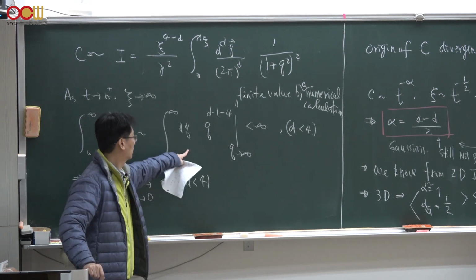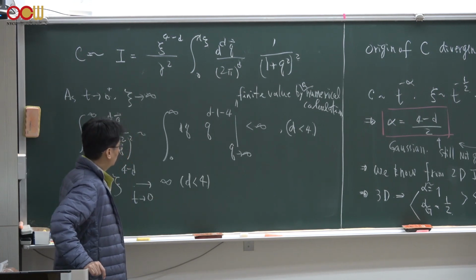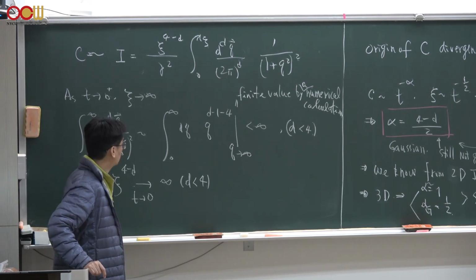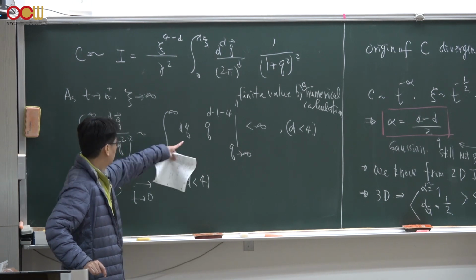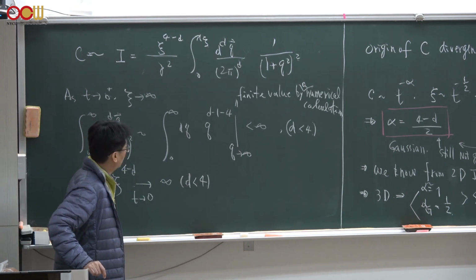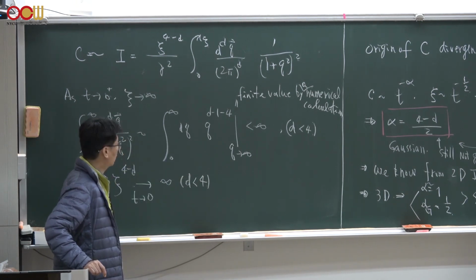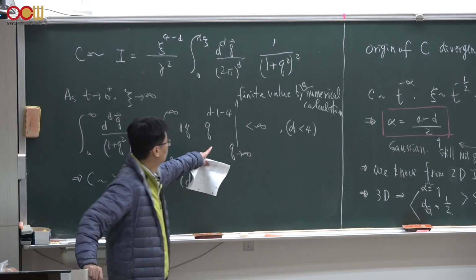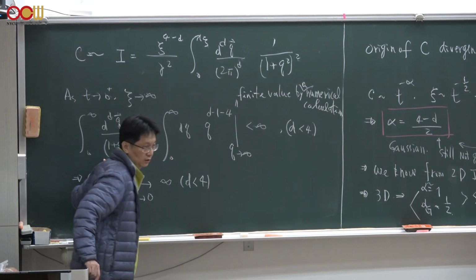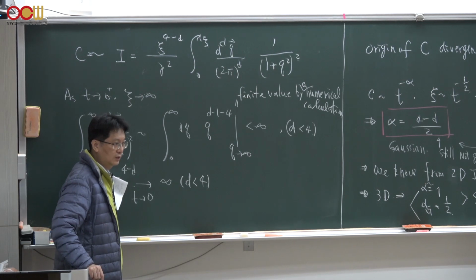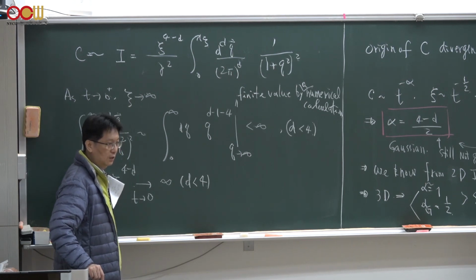That's how we do the power counting when q goes to infinity, by counting the powers of q in the numerator and denominator. You can easily see the condition for convergence of this integral. In fact, if you evaluate this integral numerically, you'll find it is just a finite value, some constant.